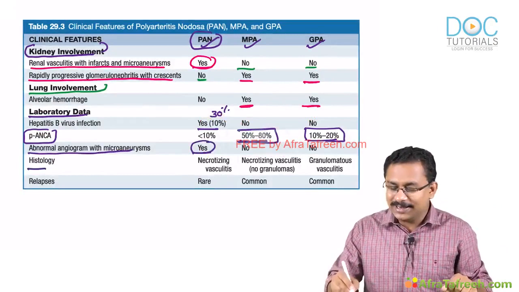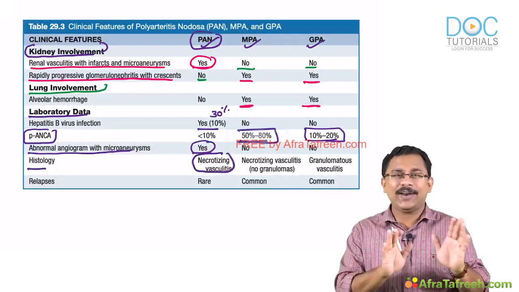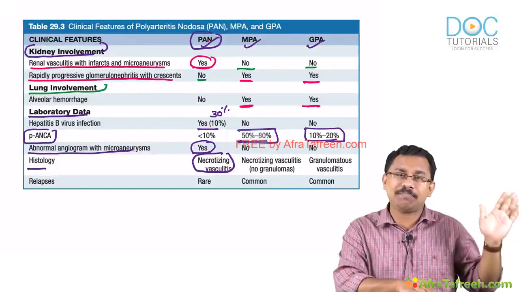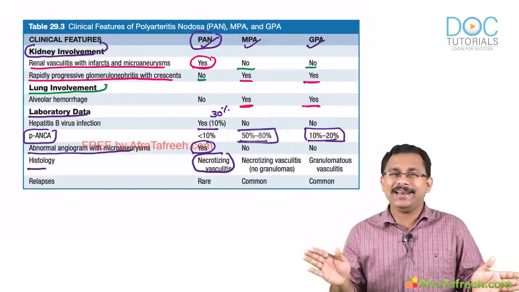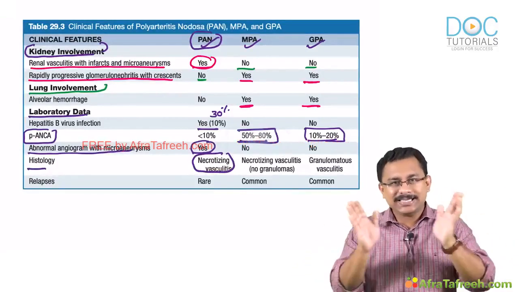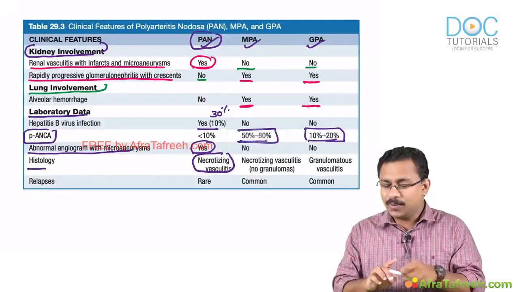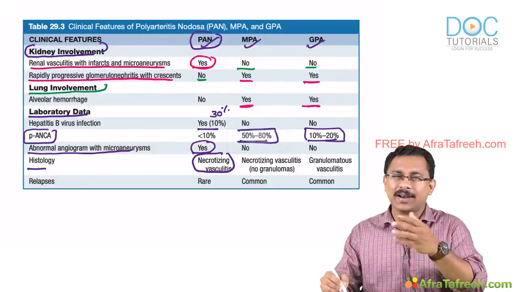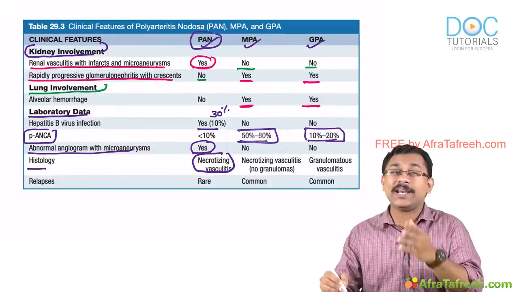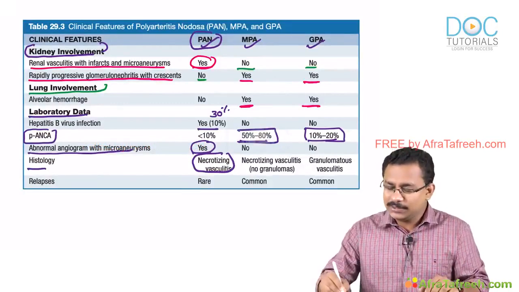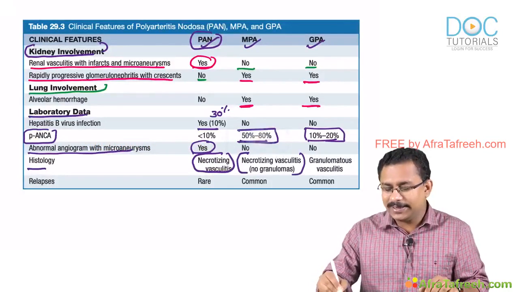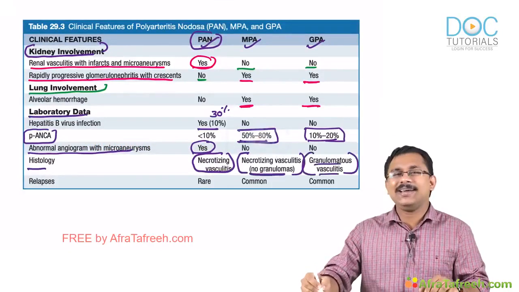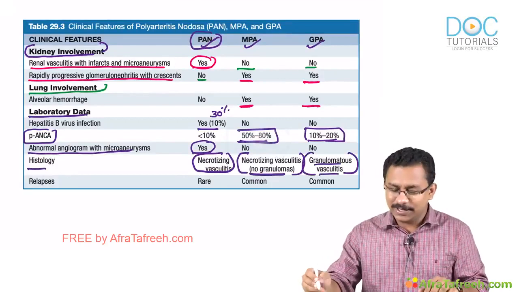And histology, necrotizing vasculitis. See, PAN also has a necrotizing vasculitis. That is one common feature PAN has with the other ANCA associated vasculitis. Okay. But remember that in case of PAN, it's a necrotizing vasculitis which is not associated with ANCA. Okay. So MPA, again necrotizing vasculitis without granuloma, and GPA is a granulomatous necrotizing vasculitis.